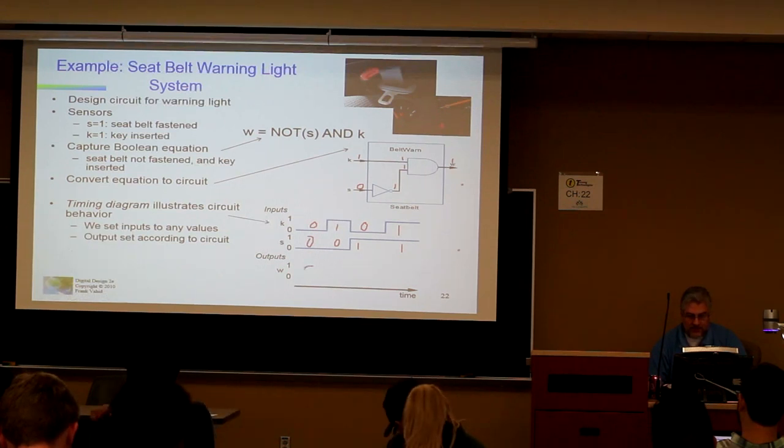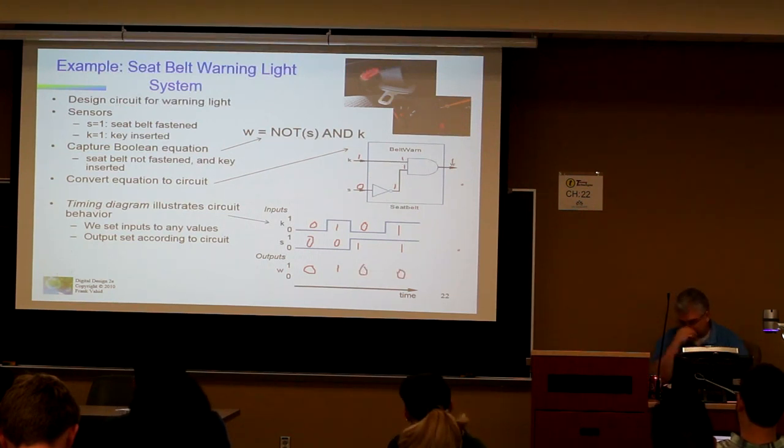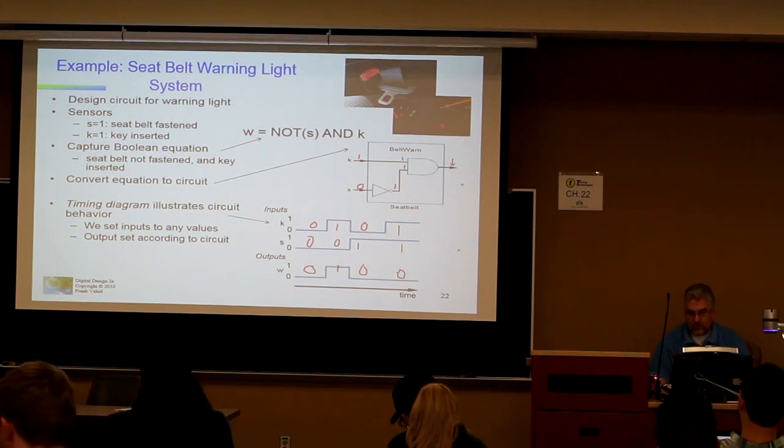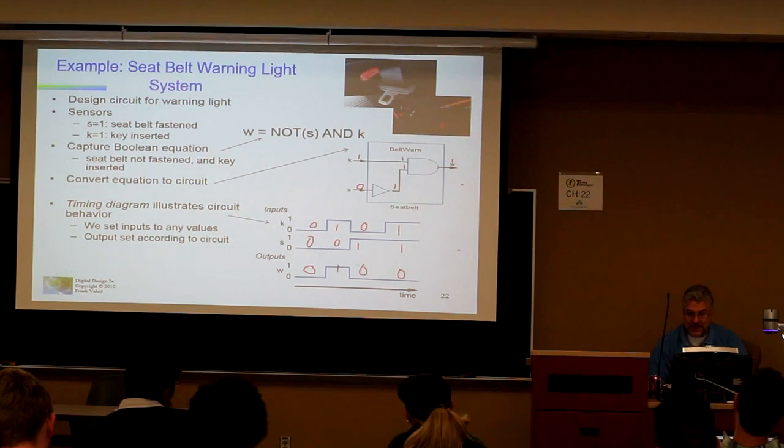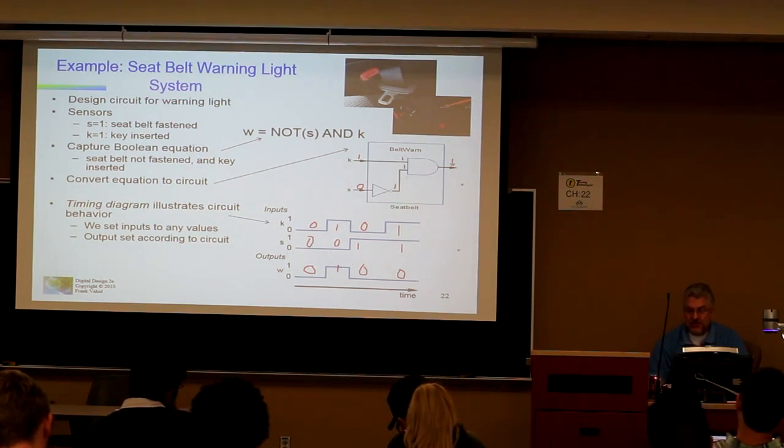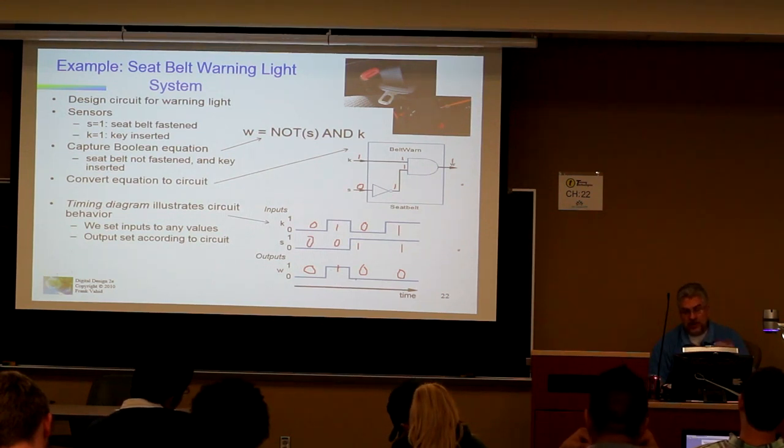So I believe that this is going to be 0, this is going to be 1, this is going to be 0, and this is going to be 0. Do you agree with me? So, what do you know? It's what showed up. So the whole idea is, an AND gate at the end represents our 1 in the situation when you're not fastening the seat belt and the key is inserted.